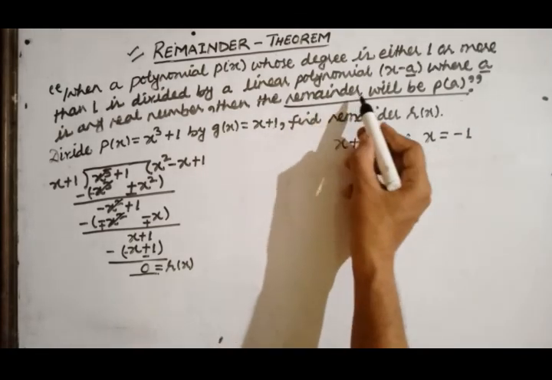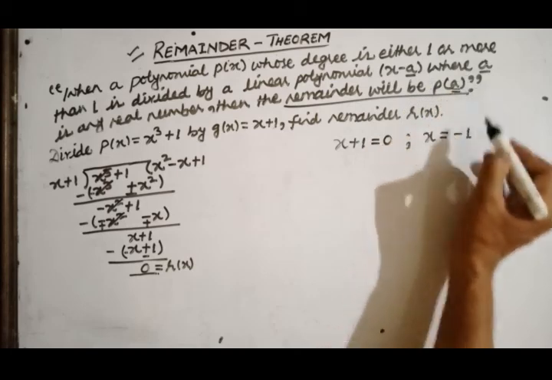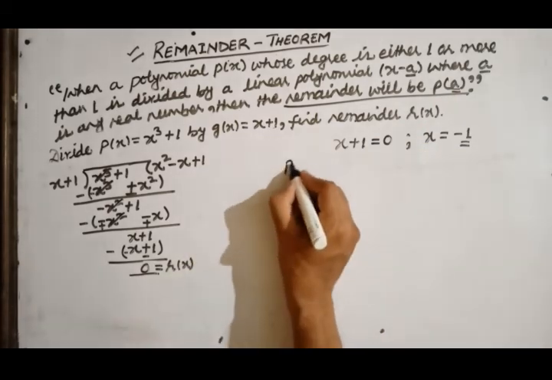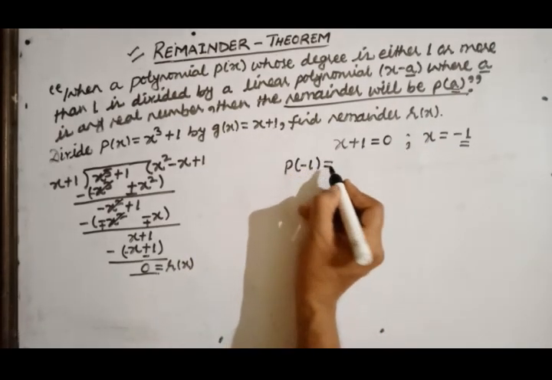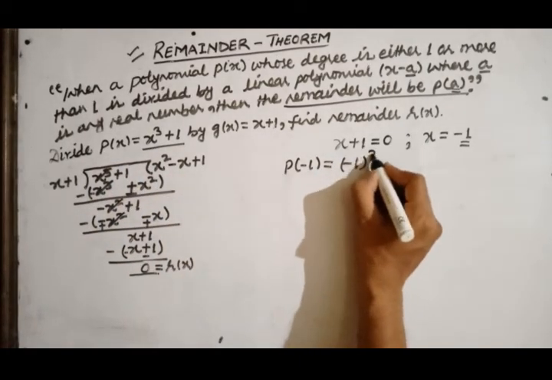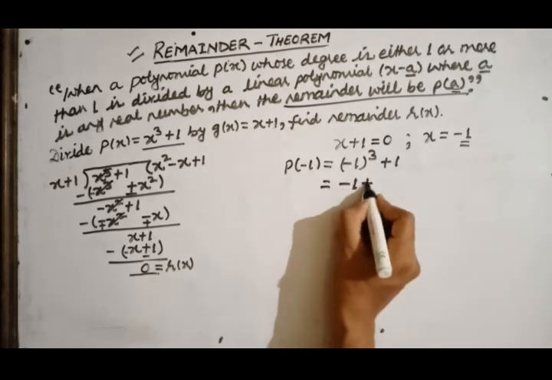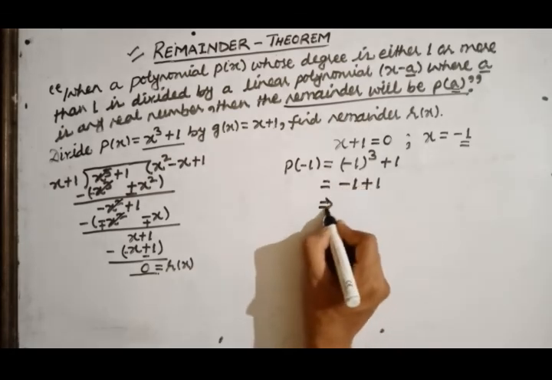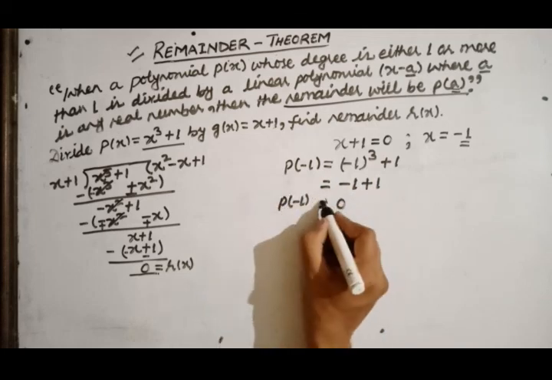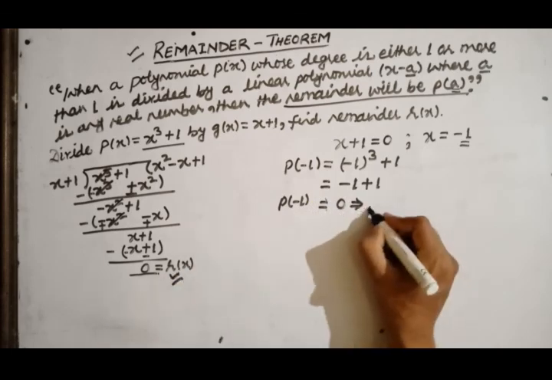Now to find the remainder, we have to find the value of the polynomial p(x) at a, that means the polynomial at minus 1. So the polynomial at minus 1 is minus 1 cube plus 1, and minus 1 cube is minus 1, plus 1. Minus 1 plus 1 is 0. And this is the same as the remainder calculated earlier.